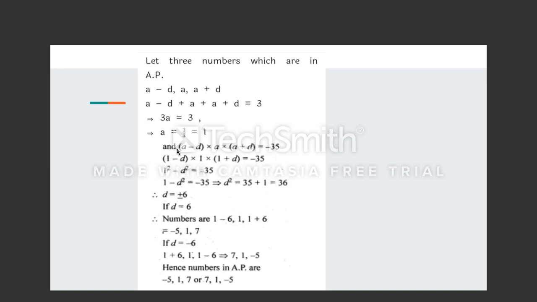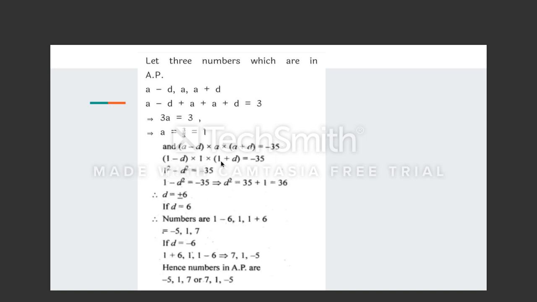Also they are saying the product of the three numbers. Product means multiply. So A minus D into A plus D into A, that is A square minus D square multiplied by A. But before solving it and making it complicated, we will put the value of A, that is 1, so that it becomes easier. 1 minus D into 1 plus D. Multiplying with 1 gives the same, so 1 minus D into 1 plus D is left, and that is like A minus B into A plus B, which is A square minus B square.